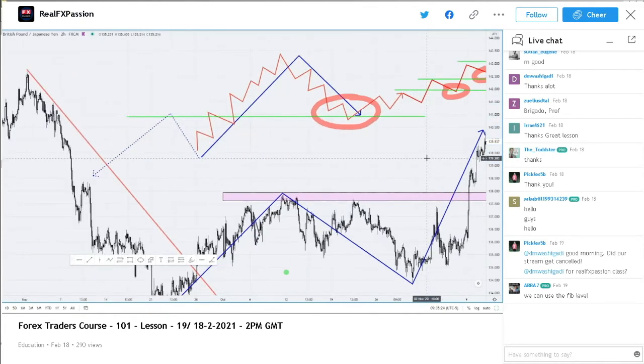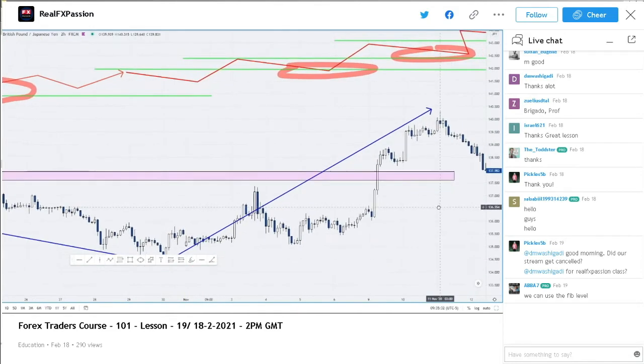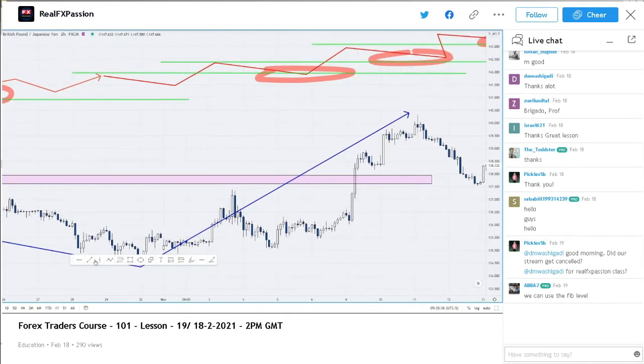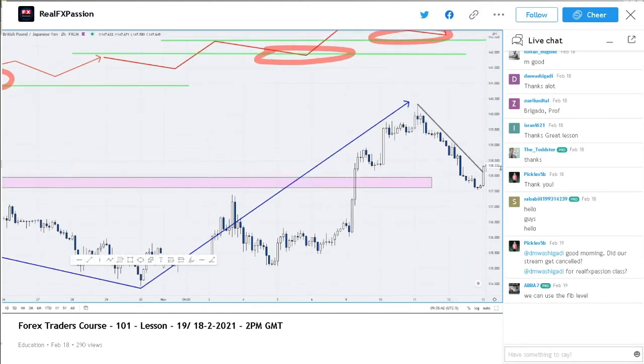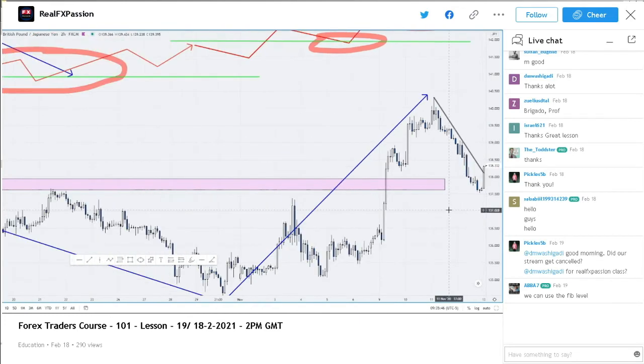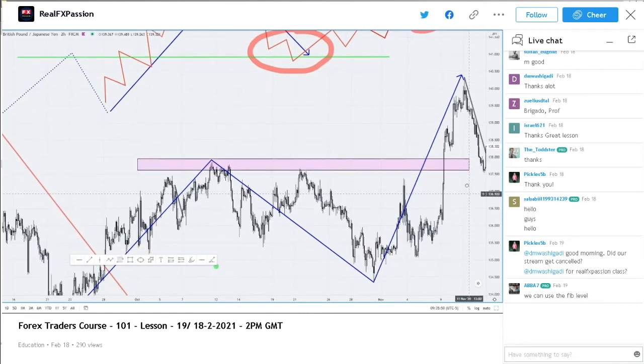So let's monitor the market. It's falling, and it's falling, and it's falling, and whoops, what happened in here? There is no right or wrong. The market can do anything it wants. Can you see, everybody, where the reaction came?